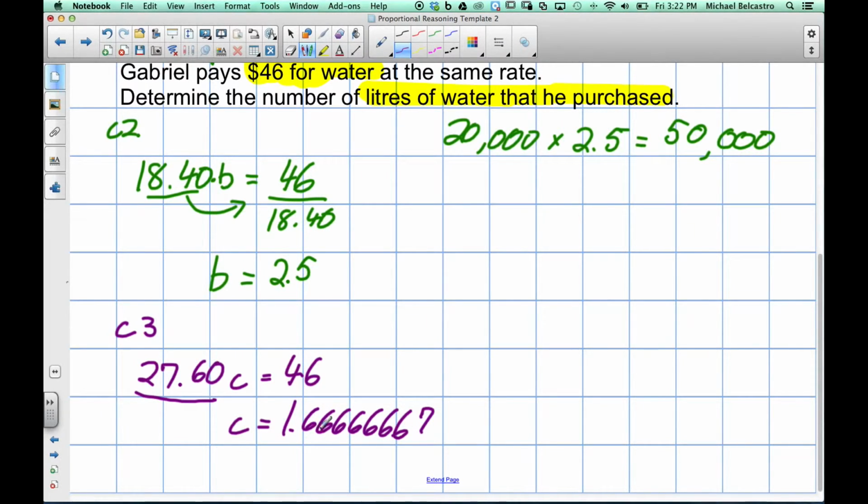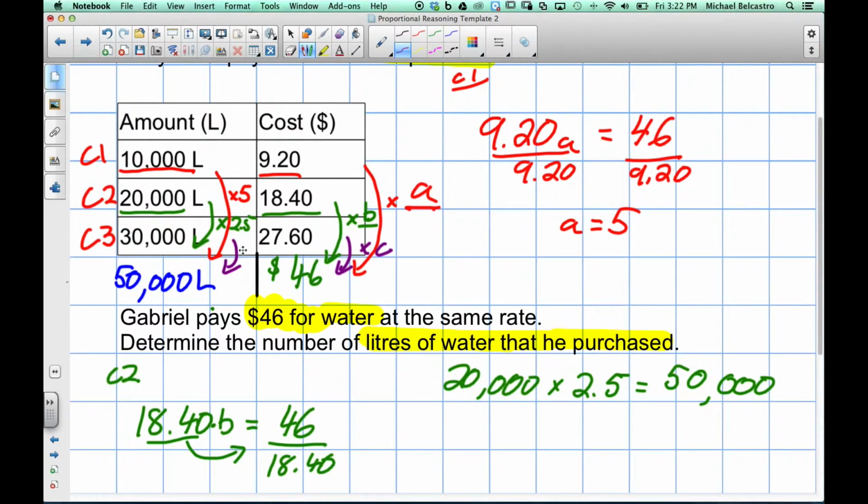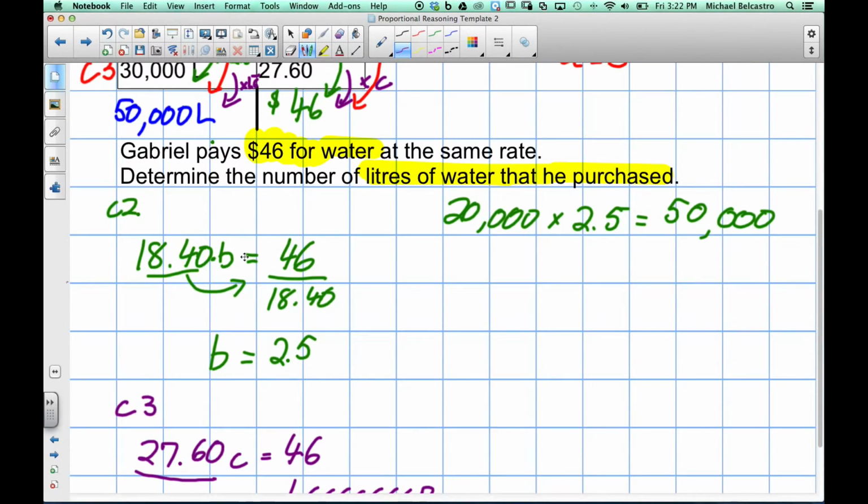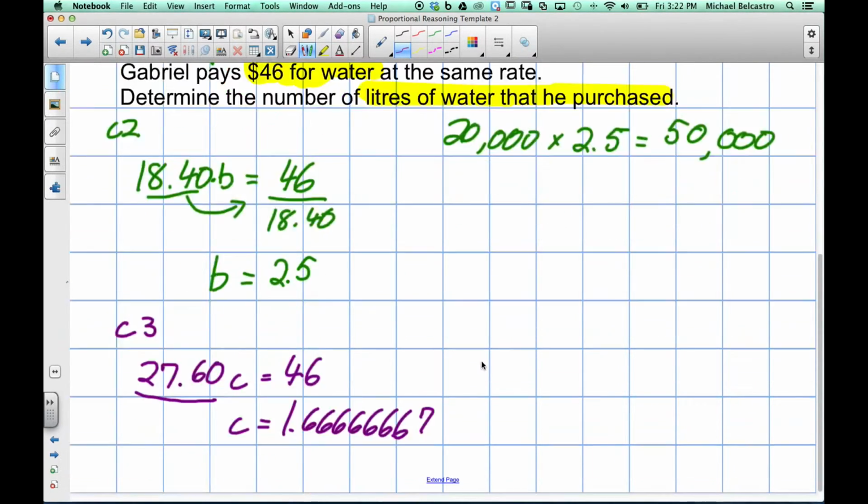This is important here. What that means is we need to multiply that by the 1.6 repeated to figure out how many liters, because customer 3 had 30,000 liters. We need to multiply it by that repeating 6 to figure out how many liters Gabriel had purchased for $46. We already know the answer is 50,000.